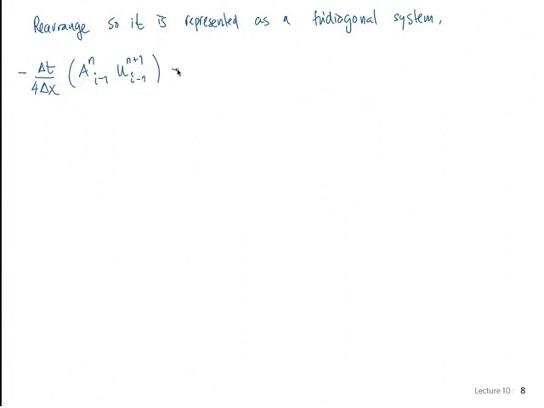And we have one term which is simply u^{n+1} at i. Then we have another term which is the same coefficient, delta t divided by 4 delta x, a at i plus 1 and u at i plus 1, n plus 1.